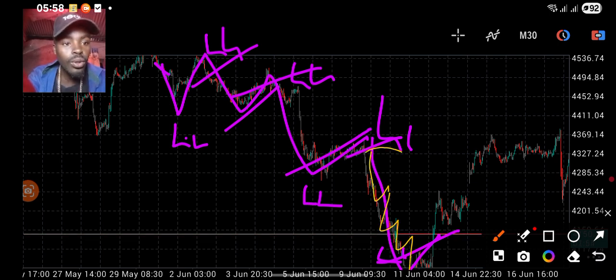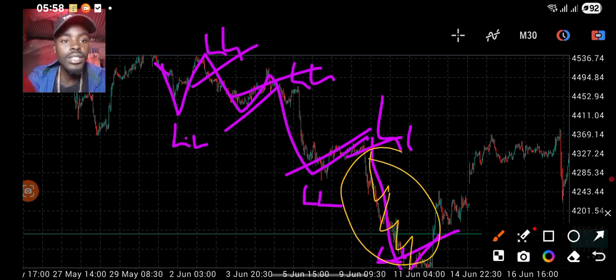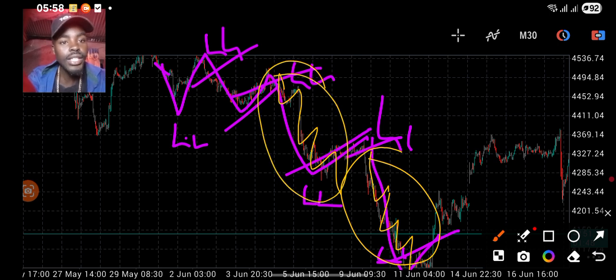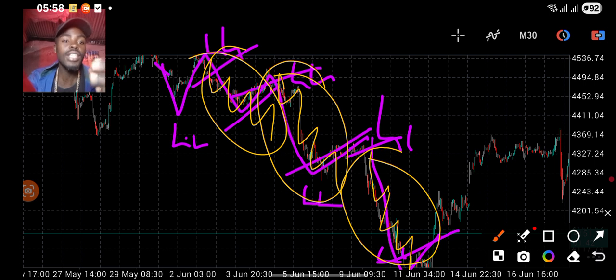This is what we call an internal structure. There are some breaks of structure here, this is an internal structure. There is this break of structure here, this is what we call an internal structure, right? So inside that bigger move, there is a minor market structure inside it, which we call an internal structure.